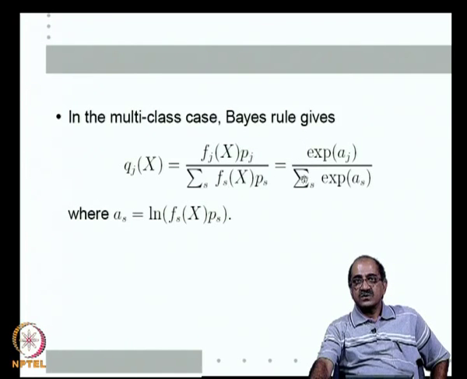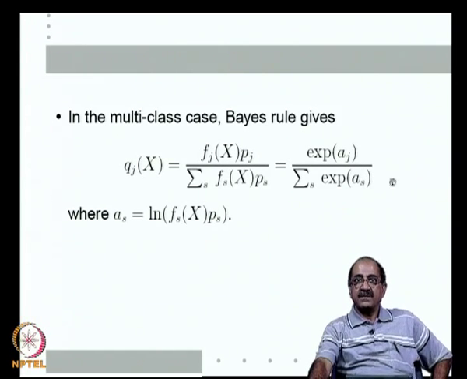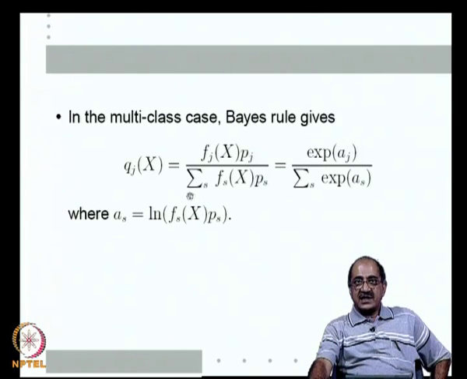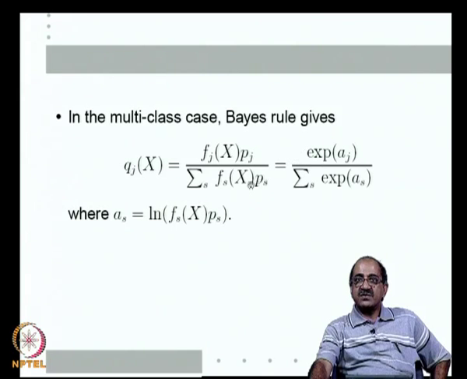So, essentially if as is ln of this, exponential and ln will cancel each other. So, the posterior probability now has a form like this. Earlier it had 1 by 1 plus exponential; instead of that it has exponential aj by the summation over s of exponential as.